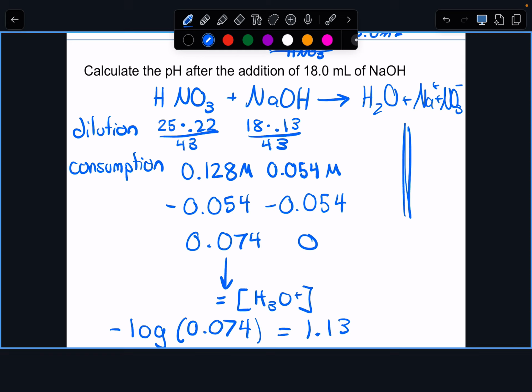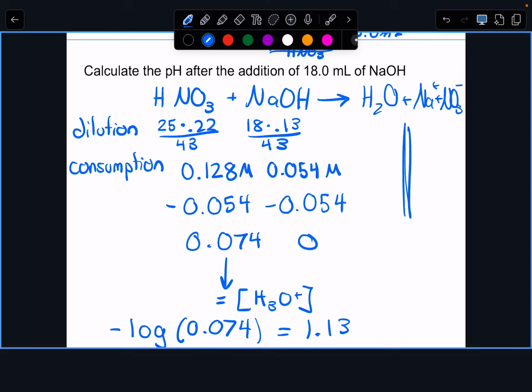All right, so again, strong acid, strong base. You're mixing two chemicals, you better do a dilution step. Okay, so do the dilution step. I'm trying to think if there's an example. The only time you don't do a consumption step is if it's an acid and its conjugate base. There's no strong acid or strong base being added. That would be the only time you don't do a consumption step.